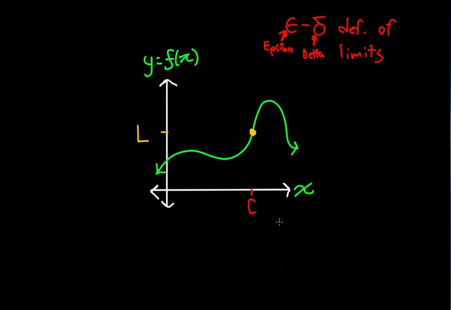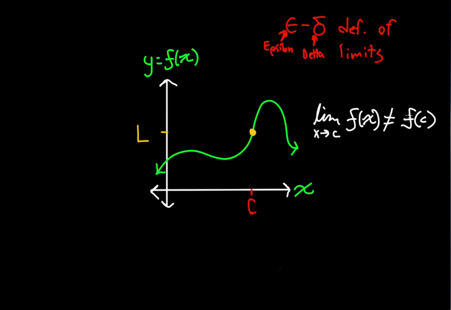Now, we can't really say what this limit is, right? I mean, this function, f of x, might not be continuous, and we can't just plug c in, because for a discontinuous function, remember that the limit as x goes to c of f of x is not necessarily equal to f of c.